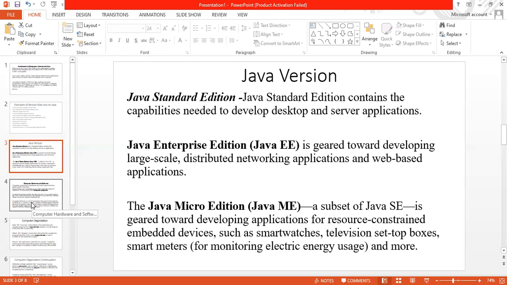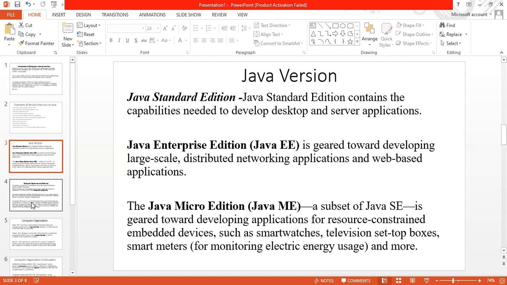So let me recap. I said Java has three basic editions. The first one is the Java Standard Edition, which contains the capabilities needed to develop desktop and server applications. Also, we have the Java Enterprise Edition.